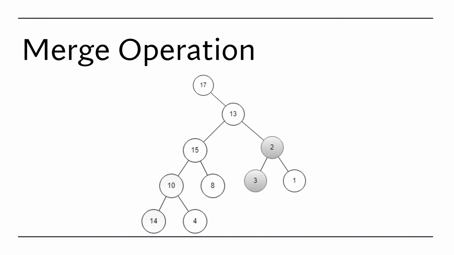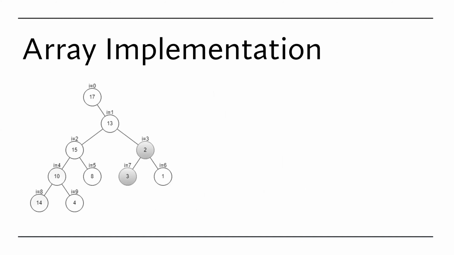And then the other root with its children becomes the right subtree of the greater node. Finally, the left children of the greater node become the right children of the smaller node. Now we have a new weak heap that satisfies all the features of weak heaps.